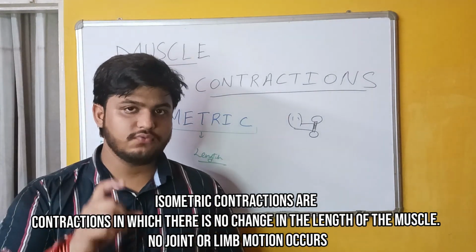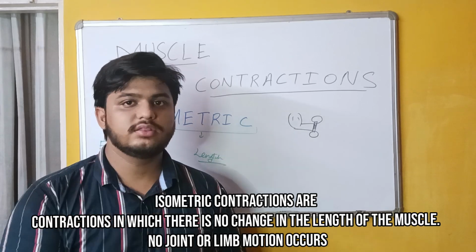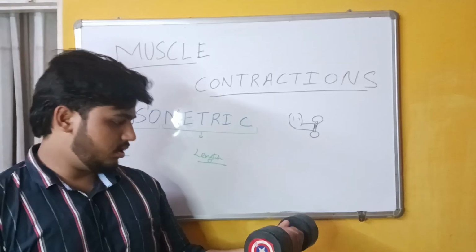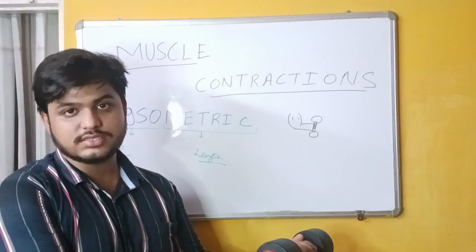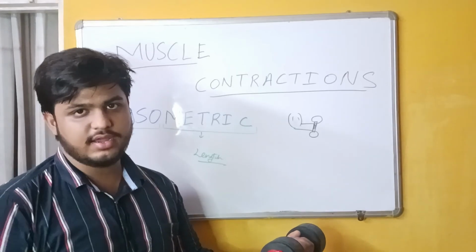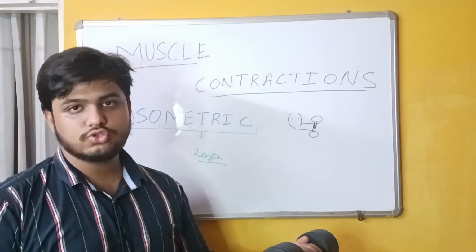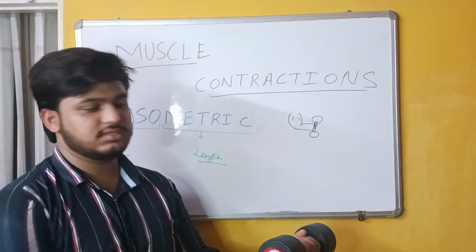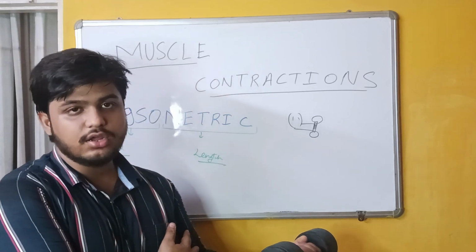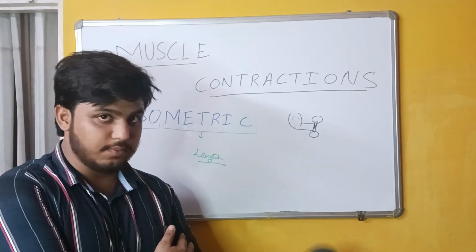So basically, if I demonstrate this with the help of a dumbbell, then you can feel. Okay. तो अगर मैंने अपनी एल्बो फ्लेक्स करके यहाँ पे डंबल पकड़ रखा है at the long lever, so the muscle belly that is involved is our biceps muscle. So biceps muscle is currently not being elongated or not being shortened.